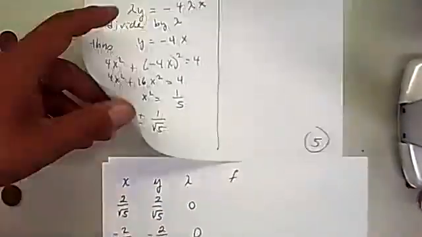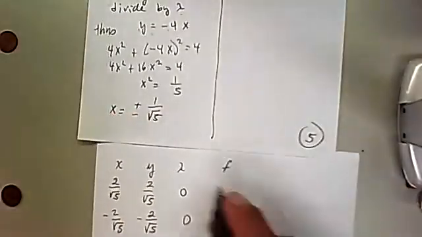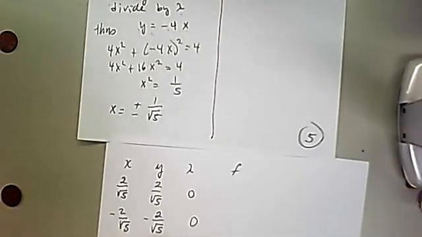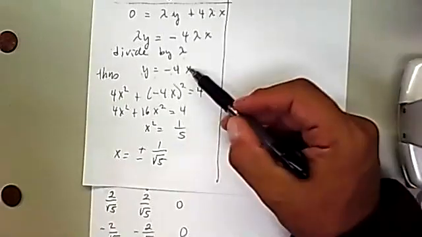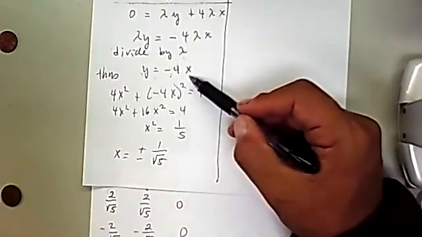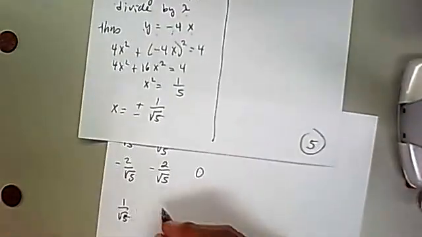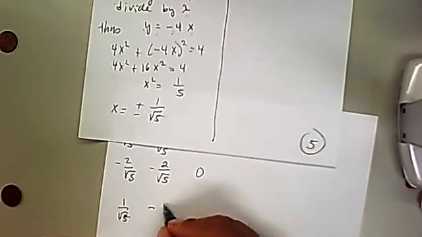Here, we also get values. X could be 1 over the square root of 5 instead of 2 over the square root of 5. Y has to be opposite and 4 times as much. So if x is positive 1 over the square root of 5, y has to be opposite and 4 times as much.